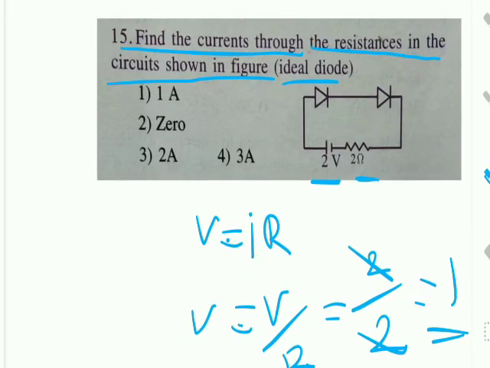Check the answers. The first one is the right answer. Here given ideal diode, ideal diode means internal resistance is equal to 0. So our answer is option 1.